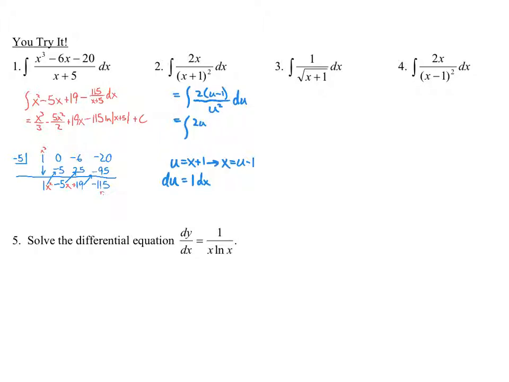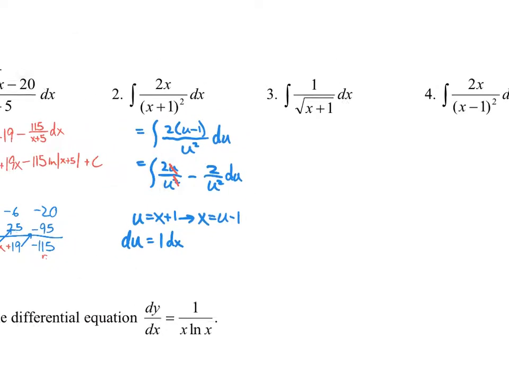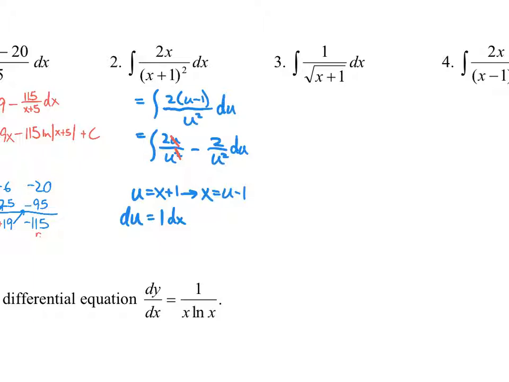Yeah, we've got a 2u over u squared minus a 2 over u squared. Okay, and now we've got something that we can take the integral of, because that u here will cancel out the u there. And now it's just the integral of 2 over u.